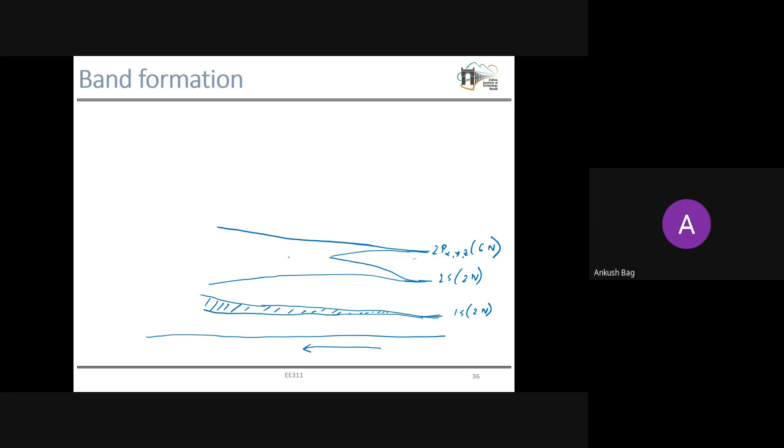So it will get mixed and then it will get separated. This kind of behavior you will observe in the band formation.